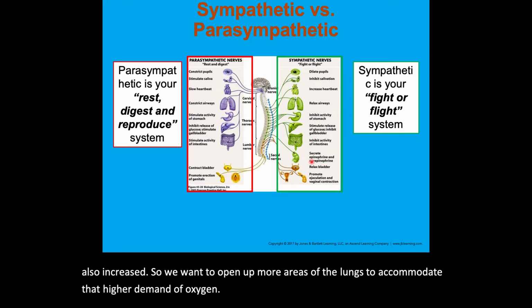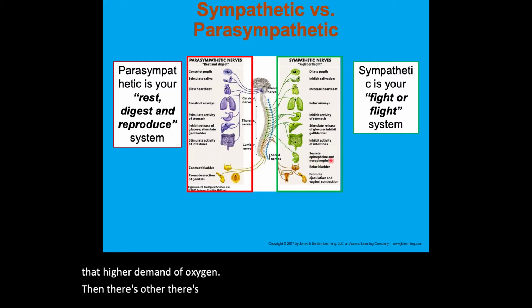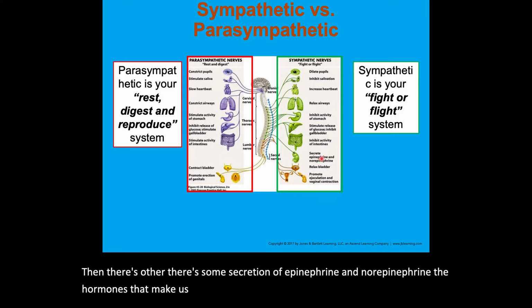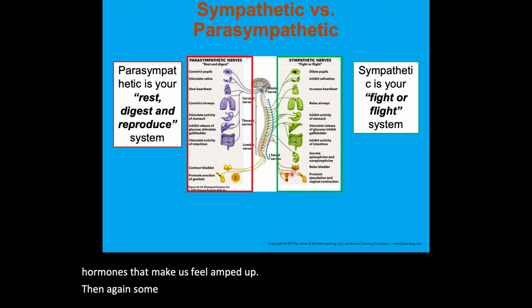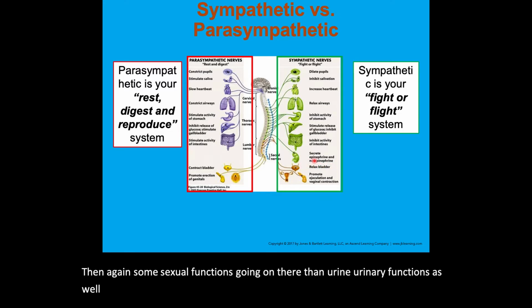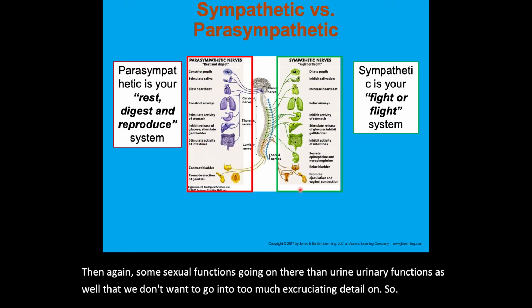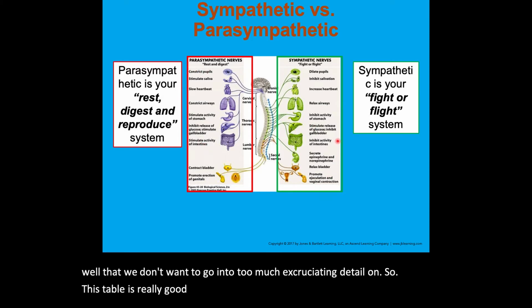Then there's some secretion of epinephrine and norepinephrine, the hormones that make us feel amped up. Then again, some sexual functions going on there, then urinary functions as well that we don't want to go into too much excruciating detail on. So this table is really good because it really illustrates how these counteract each other on a daily basis.